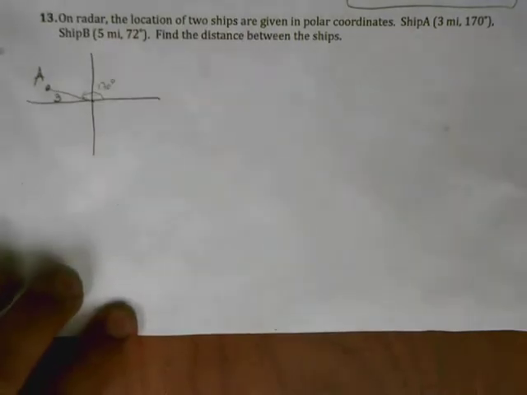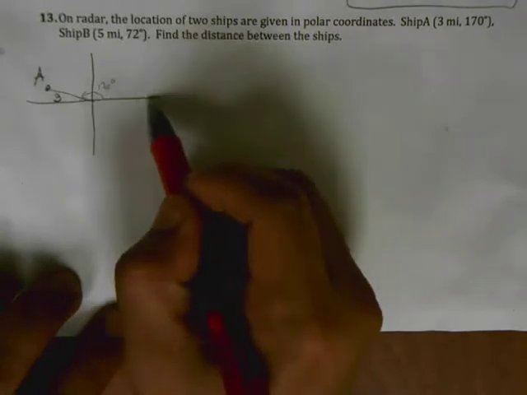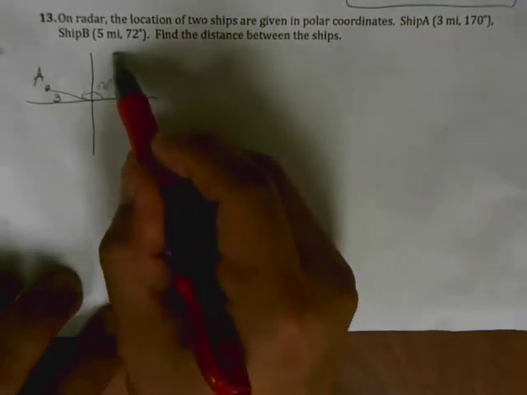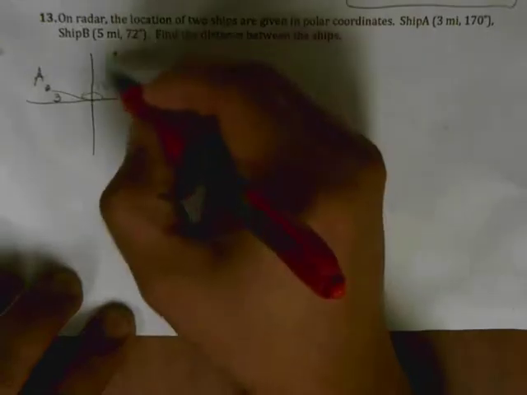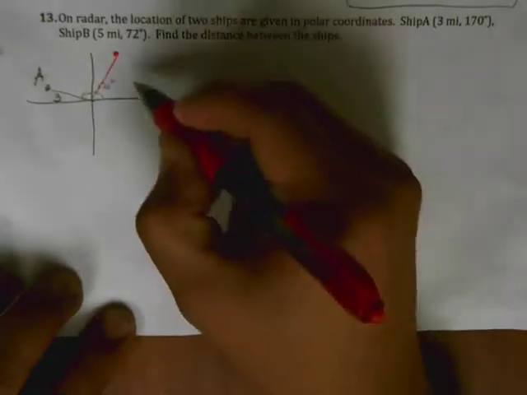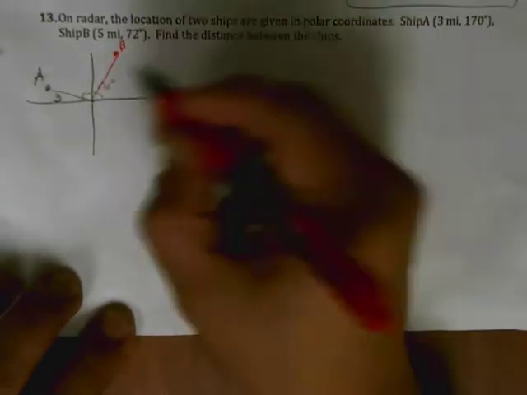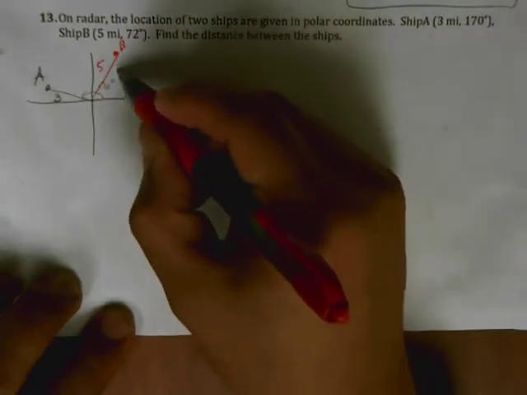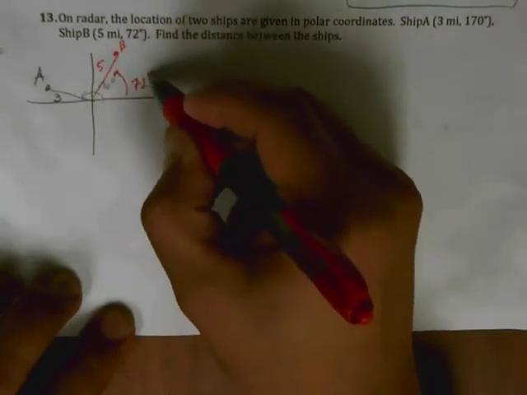And we have ship B, so we're going to go out 5 and rotate 72 degrees, which is approximately here. And this is B. The length is 5 and the angle of rotation is 72 degrees.